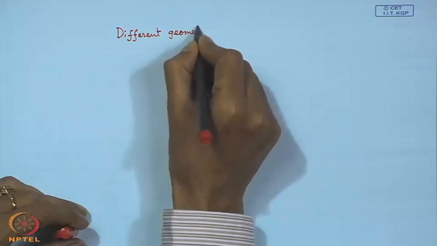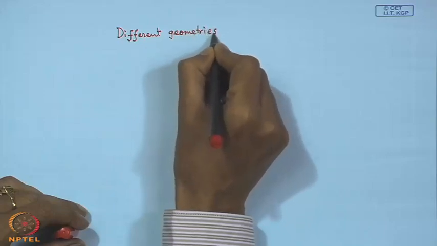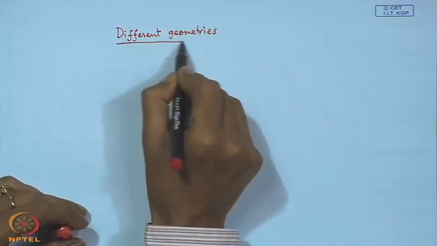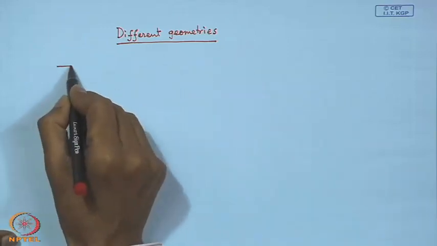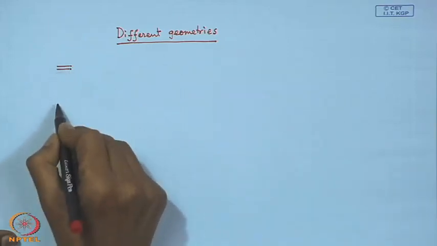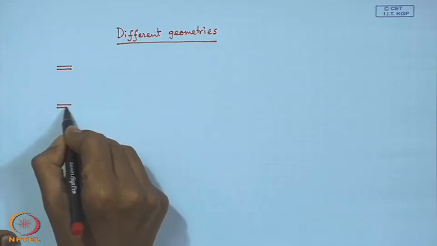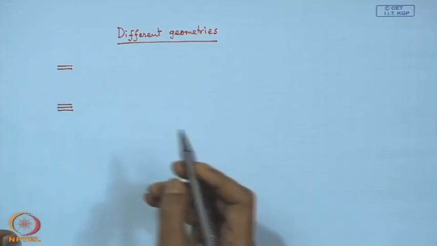So, the next part of this class on bonding, we will see how different geometries can affect the corresponding d orbital ordering in a particular crystal field.